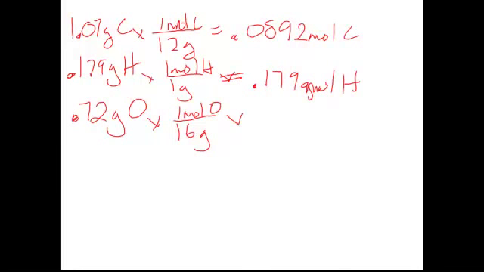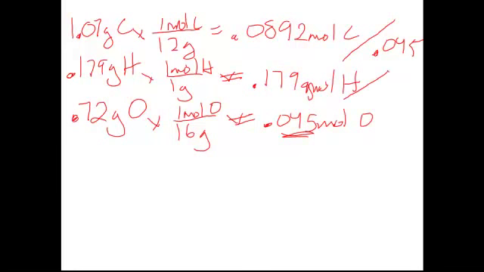And then for oxygen, 0.72 divided by 16 equals 0.045 moles of oxygen. Okay, so percent to mass, mass to moles, divide by small. It looks like the 0.045 is our smallest, so we're going to divide everything by that.